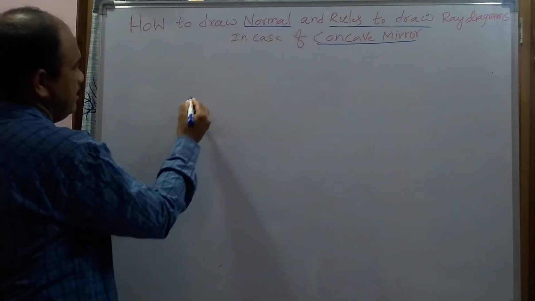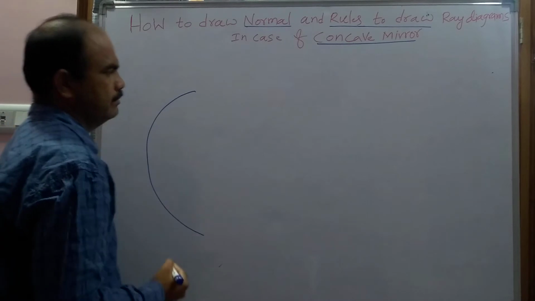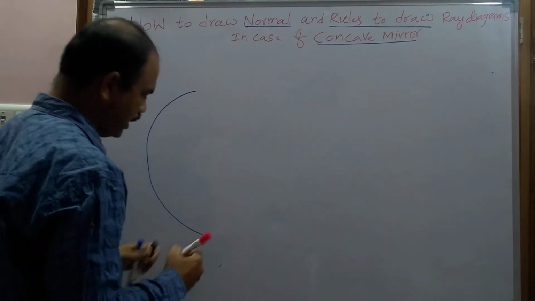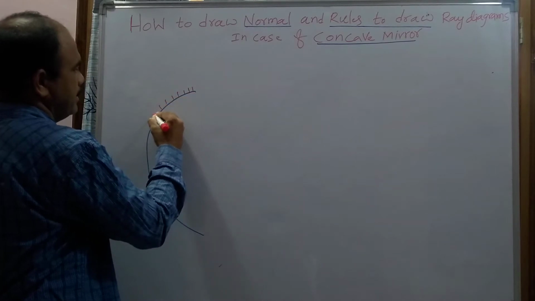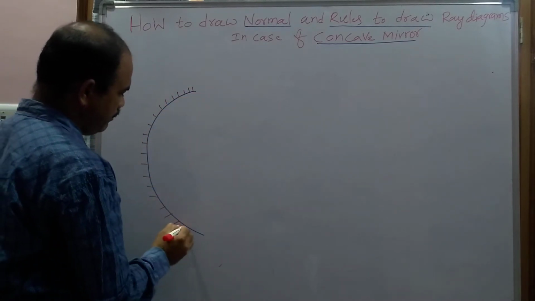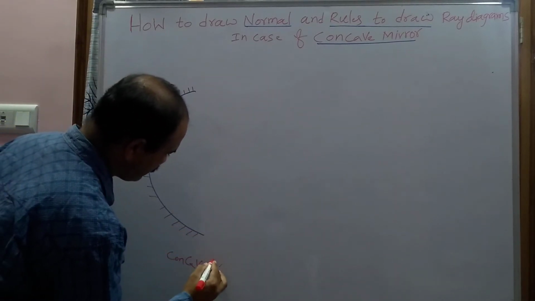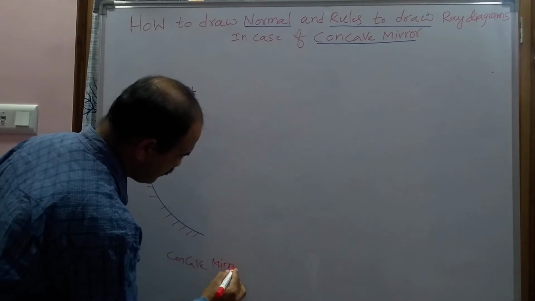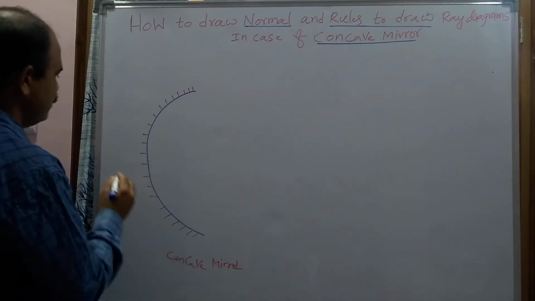Now consider a concave mirror. Concave mirror means, if the outer surface is coated with red lead oxide, it becomes concave. Now, what does this concave mirror have?